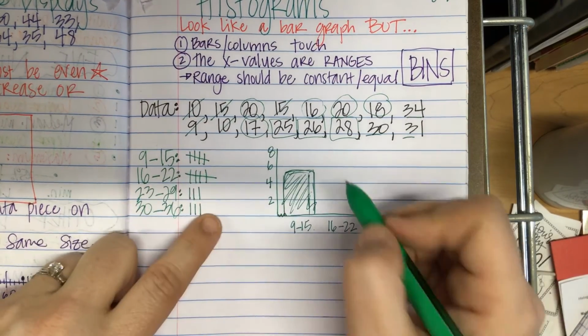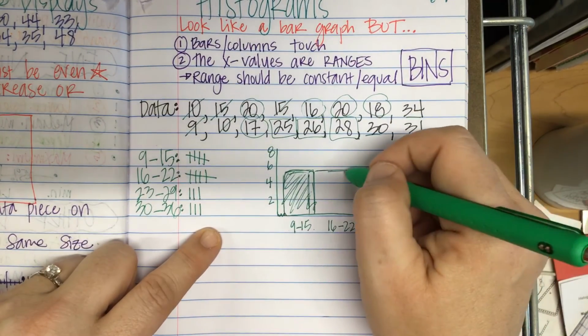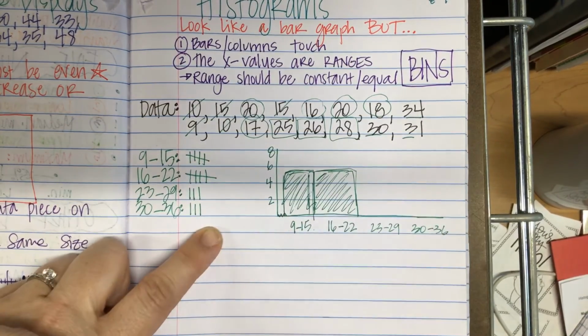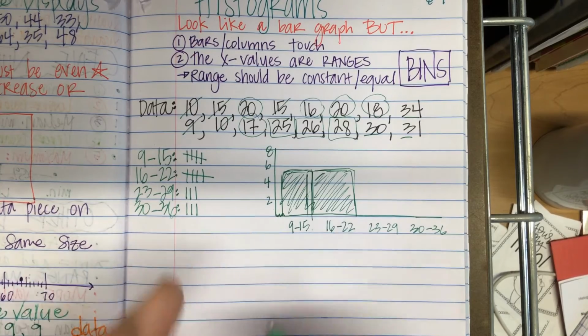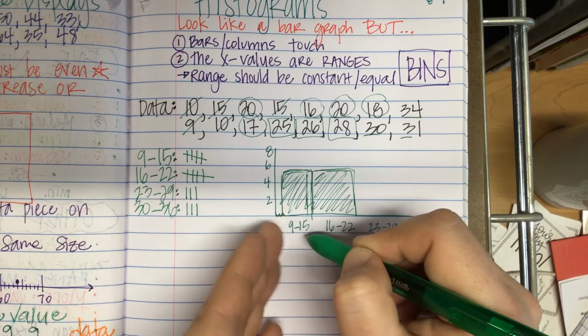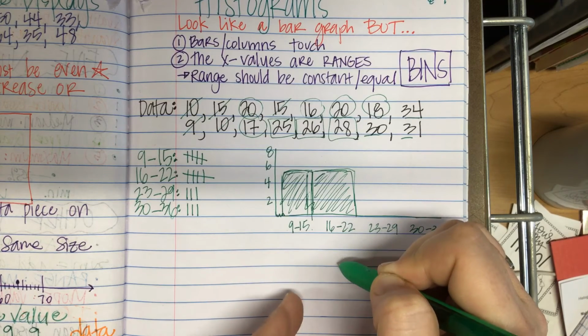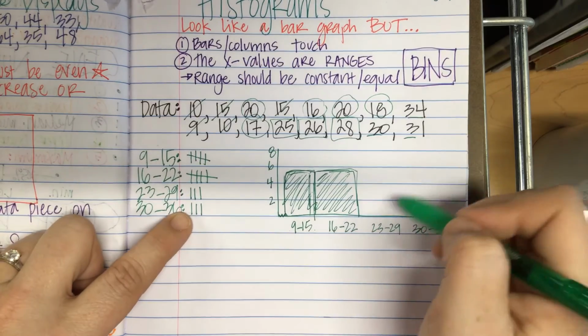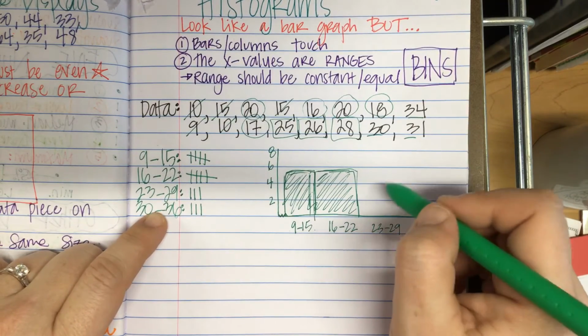16 to 22 is also 5. So they touch, because there is no gap in the data. It's continuous, right? Like it's going from one value straight to the next. 23 to 29, so that's 3.